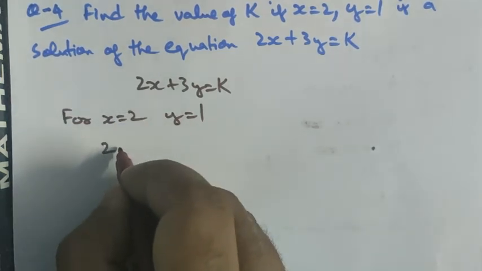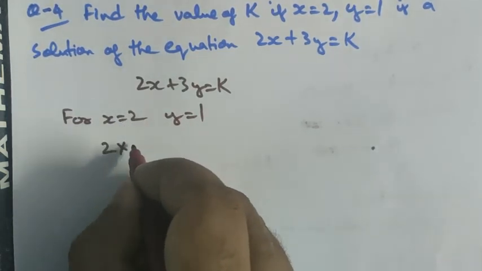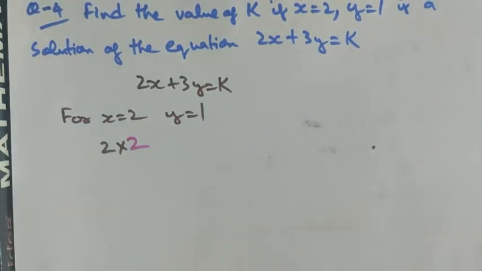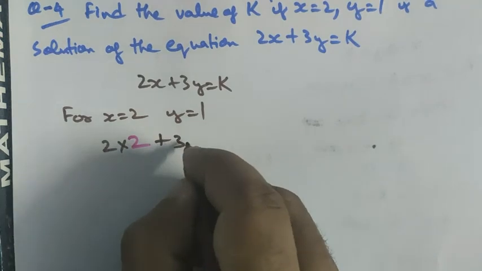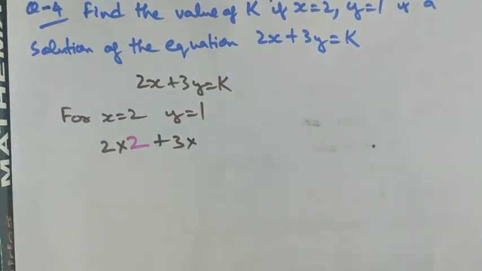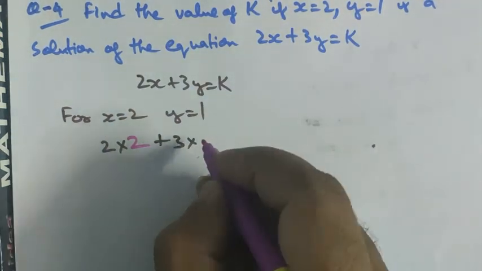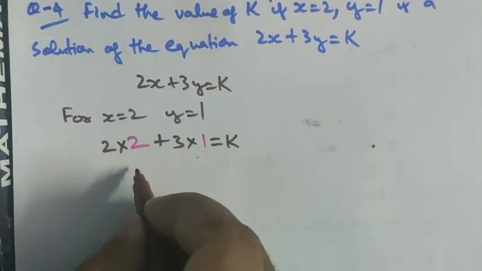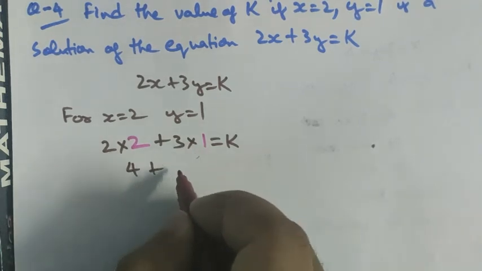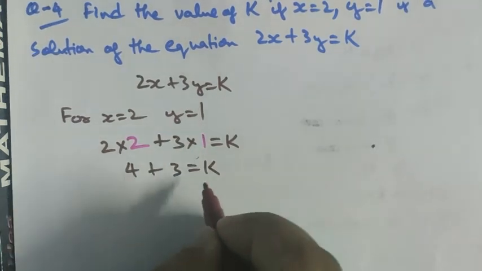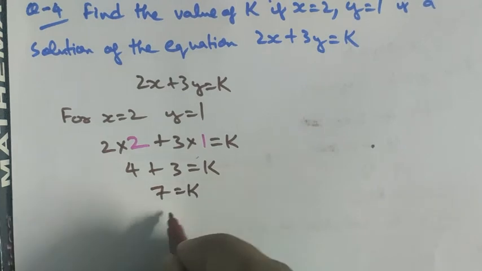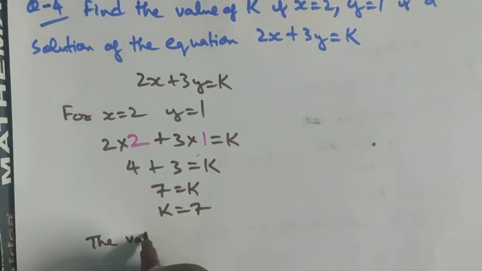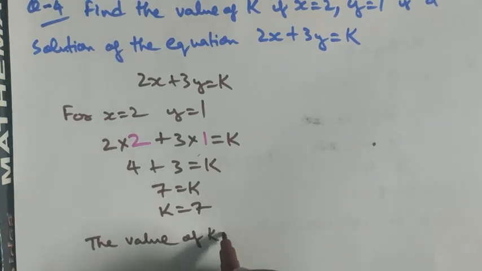So 2 times 2 plus 3 times 1 equals k. So 2 into 2 is 4 plus 3 into 1 is 3 equals k. So 7 equals k, or the value of k is 7.